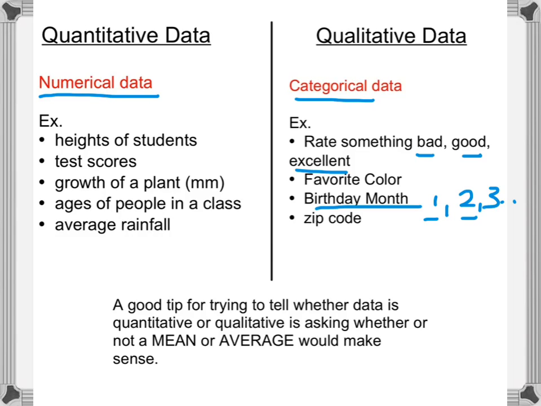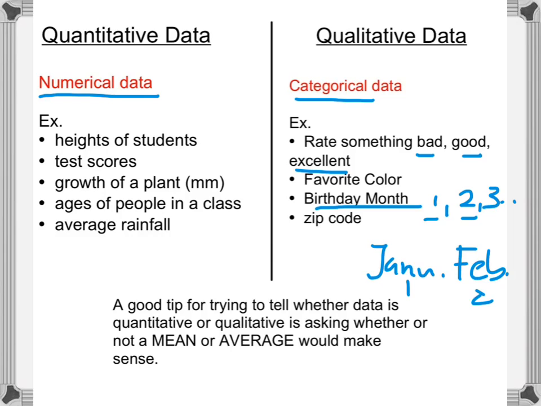So they're independent of each other; there's nobody who's in both 1 and 2 in that category. Even though birthday month can be written with numbers, most of the time it's written as names, January, February, and so on. But those numbers don't really represent numerical data. They more represent categories, okay?